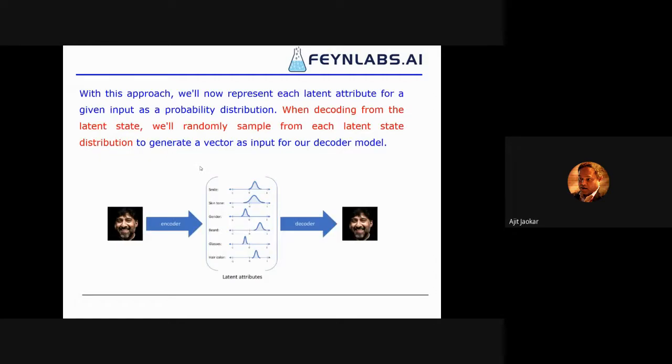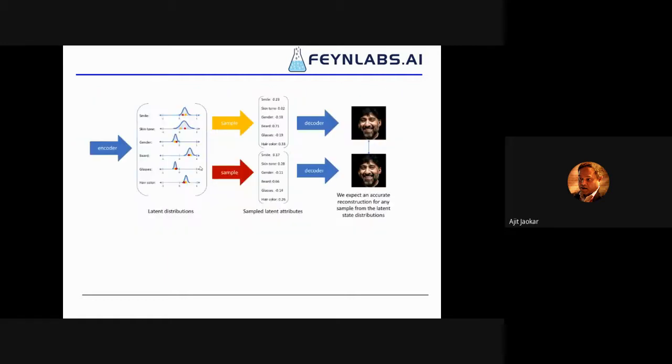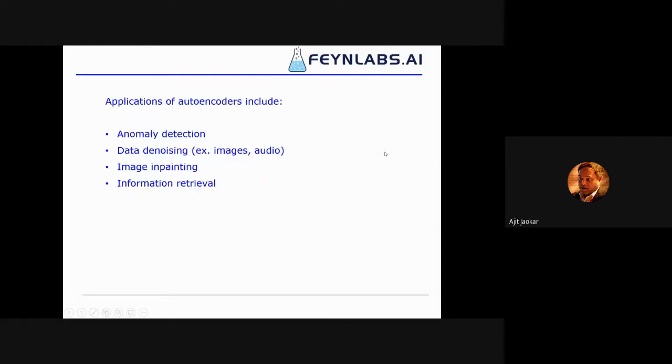So once you find out something, you are able to change it, and that's what is called variational autoencoder. So once you have an encoder, you can change the specific features of the person, whether the smile, the skin tone, the gender, and so on and so forth, and then that looks to be quite different from the original one.